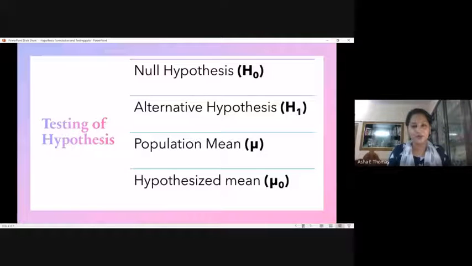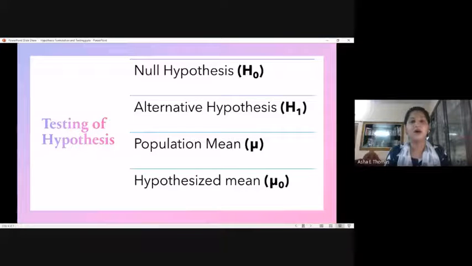Now, another thing you have to understand is mu and mu naught. The population mean is called mu, and the hypothesized mean is mu naught. The population mean is very difficult to get in social science, which may involve the entire population of Kerala.